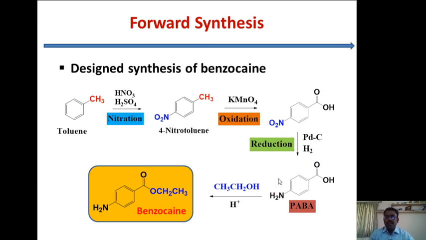So like that we have to do. Now we know the 4 guidelines. First, you have to disconnect next to the alkyl side. If you have alkyl and aryl, then you have to disconnect next to the heteroatom.